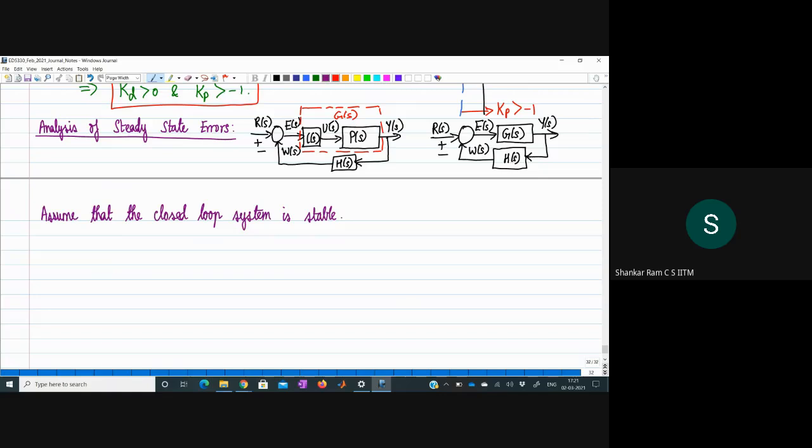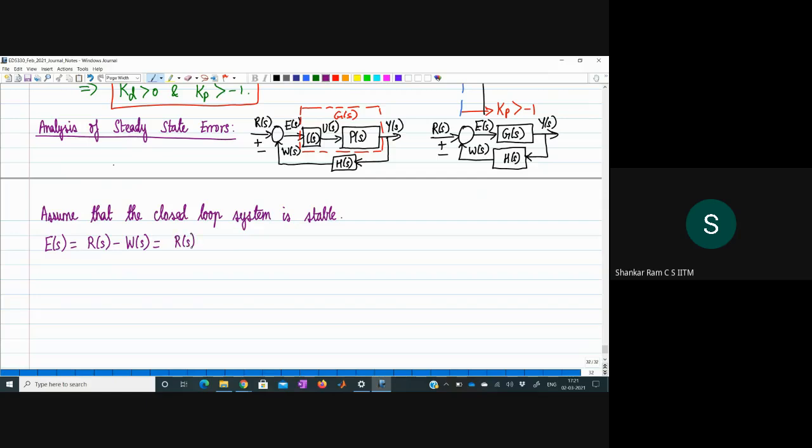As we just discussed, we can talk about performance only if we have stability in the first place. Otherwise it doesn't make sense to talk about performance. That's why we have this premise that the closed loop system is stable. Now, once the closed loop system is stable, we want to analyze the error. So we look at E of s. E of s is going to be equal to R of s minus W of s. I'm just looking at the block diagram.